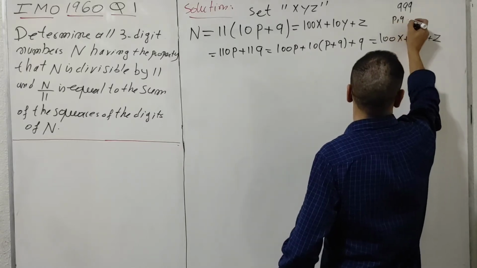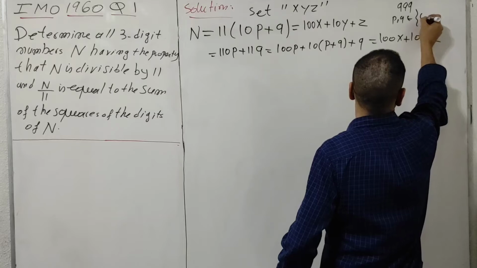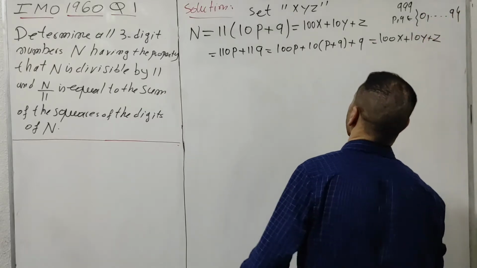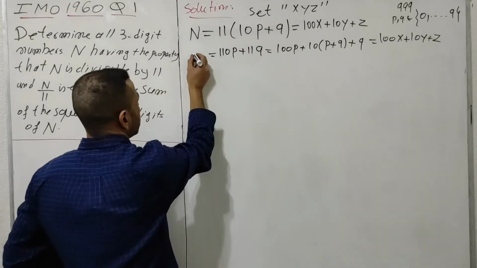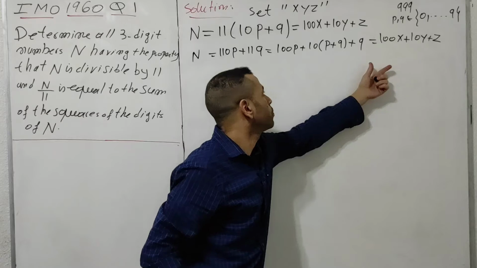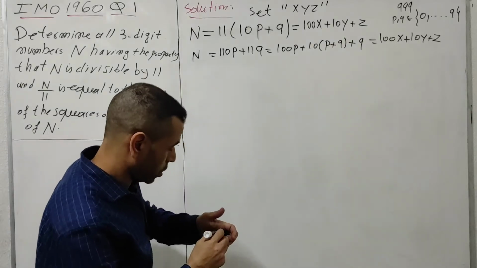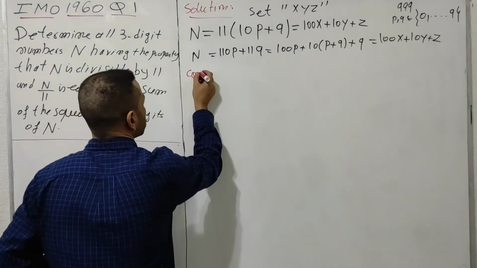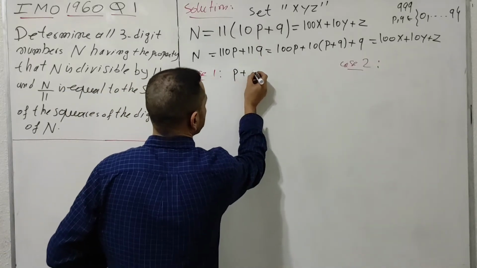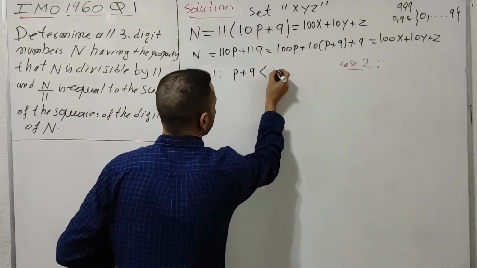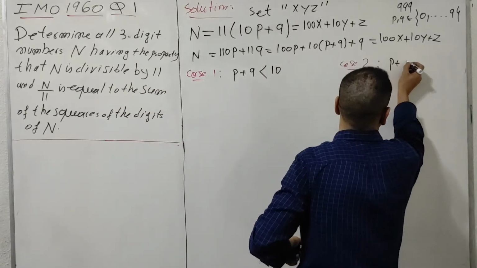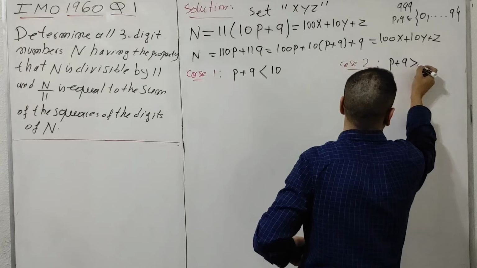p and q run from 0 all the way to 9. The same thing with x, y, z. I have this number n equal to this term, and at the same time equal to this term. I will have two cases here, case number 1 and case number 2. If p plus q is less than 10, and if p plus q is bigger than or equal to 10.